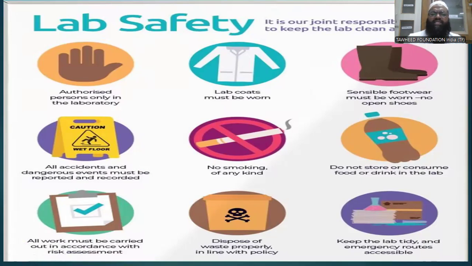By authorized personnel in the laboratory. Only authorized personnel are allowed in the laboratory, and they should wear lab coats, and sensible footwear must be worn. No open shoes, and they should have caution boards when there is a wet floor.